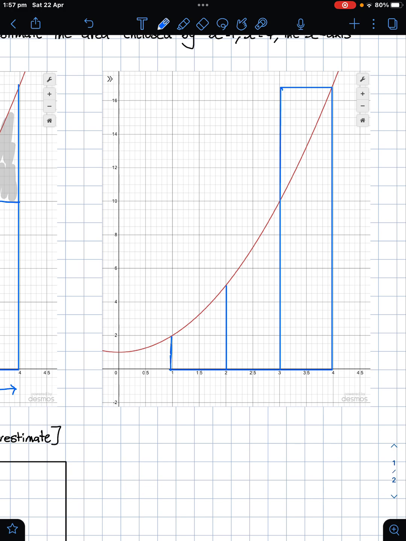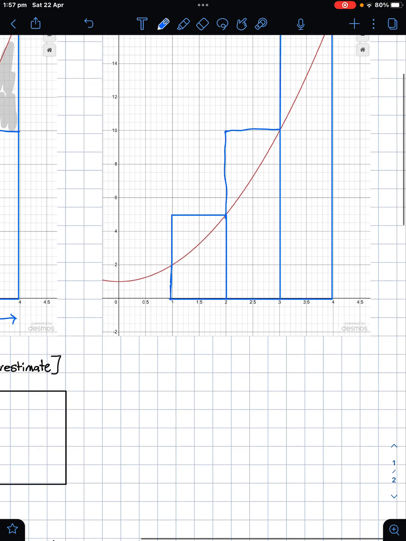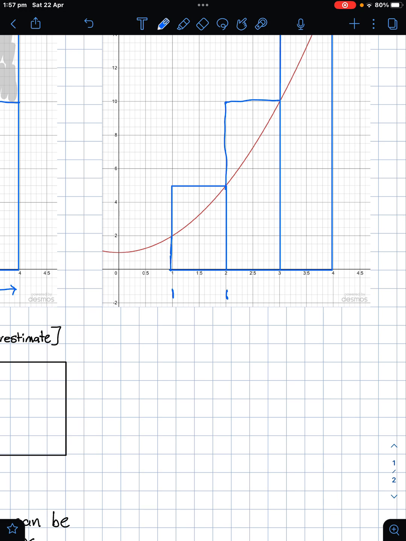So I've got this big rectangle here, and then I could have come out and done this value here, and then this here as well.